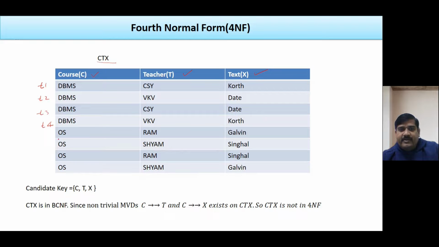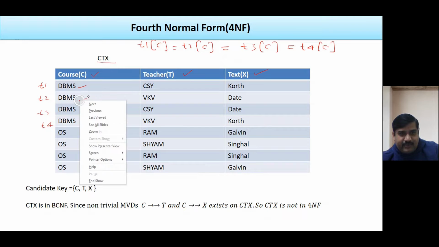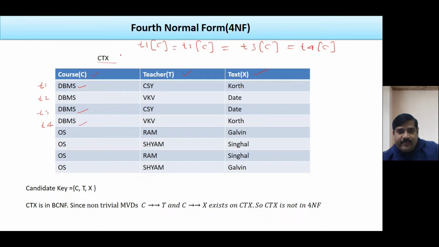Here the first condition is satisfied: T1 of C equals T2 of C equals T3 of C equals T4 of C. T1 of C is DBMS, T2 of C is also DBMS, T3 of C is also DBMS, and T4 of C is also DBMS. So the first condition is satisfied.